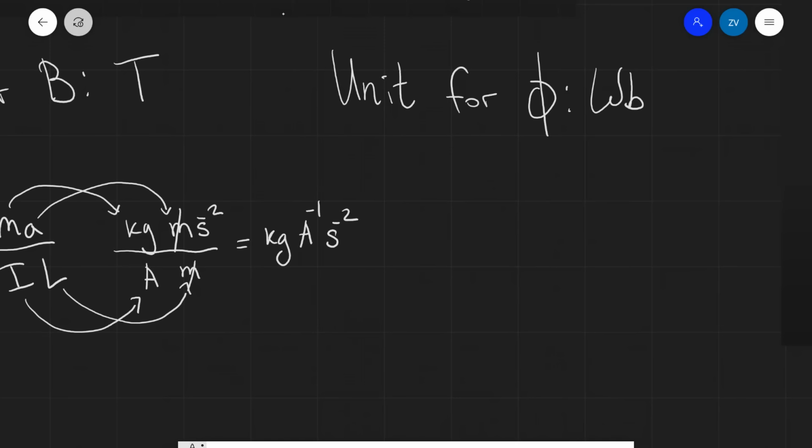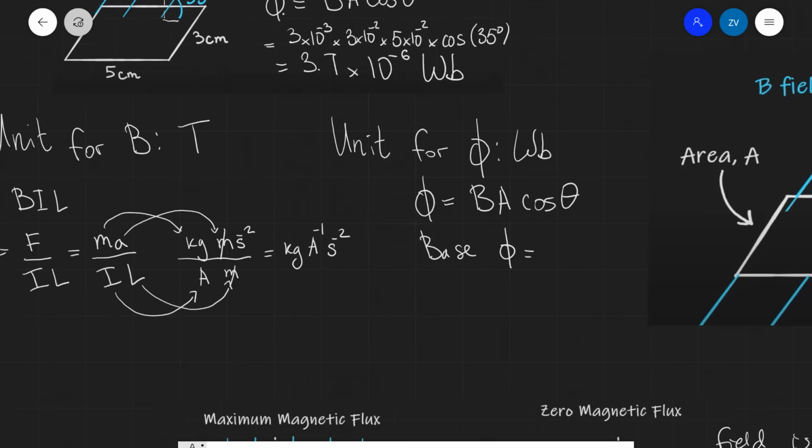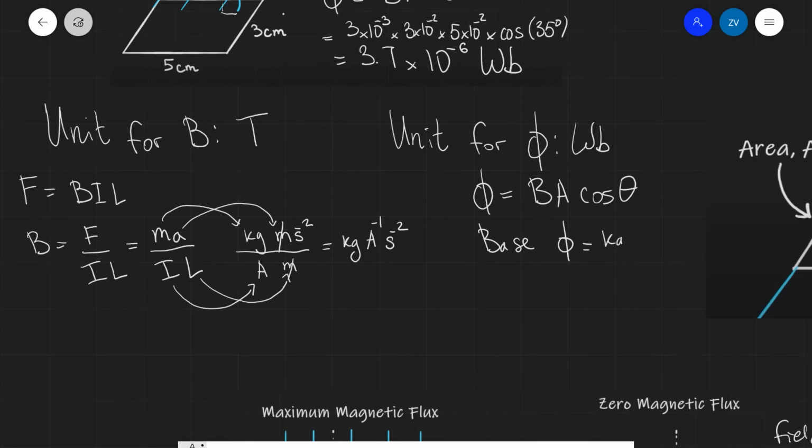Now, because phi, our magnetic flux, is equal to BA cos theta, and the cosine is unitless, the base unit for the magnetic flux will be the base unit of B, which is kg A to the power of -1, s to the power of -2, multiplied by the base unit of area, which is meters squared.